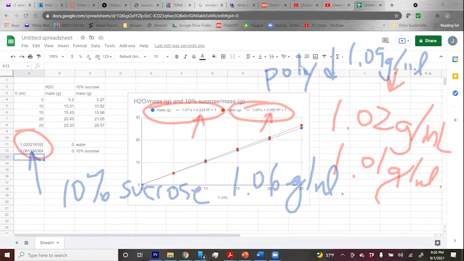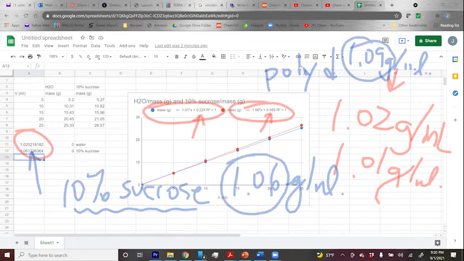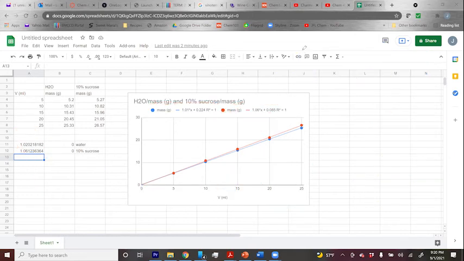So it probably will sink in 10% sucrose, but I'm betting it'll float on 20% because that density is really close to this one. So do you have any questions about how to handle the data? Would you like me to go through this one more time?